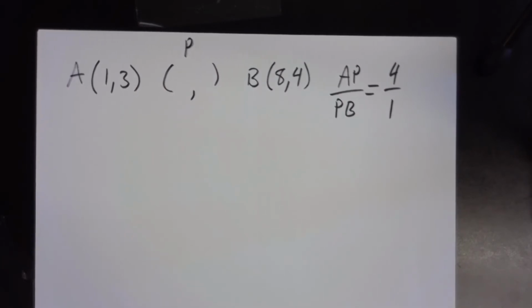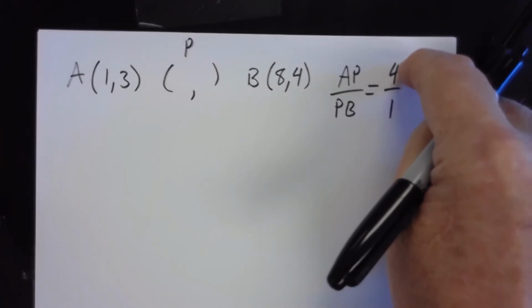Okay, so first thing, I'm going to take this segment, I'm going to divide it up into how many equal parts? 5. And of those 5, how many am I going to go along before I actually place point P? 4. Okay?